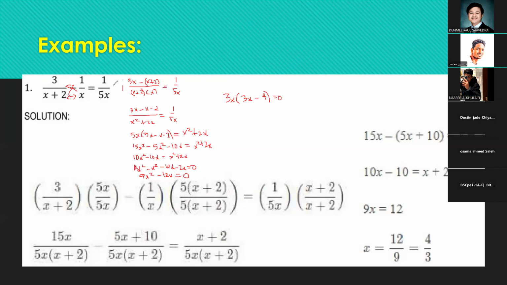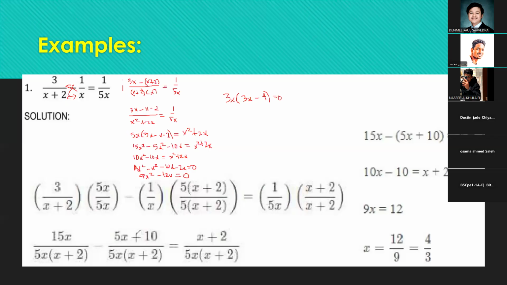It's now 15x minus 5x plus 10 over 5x times x plus 2. Then it came up with one single denominator. I see.